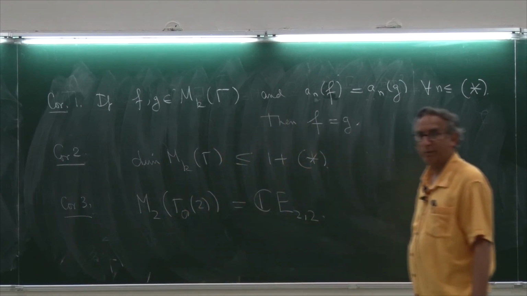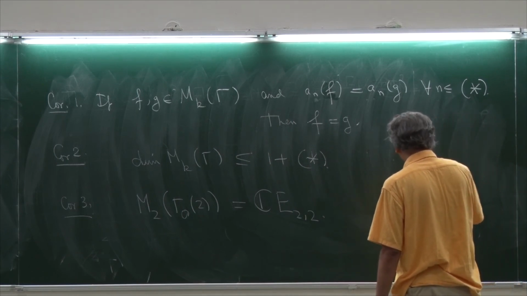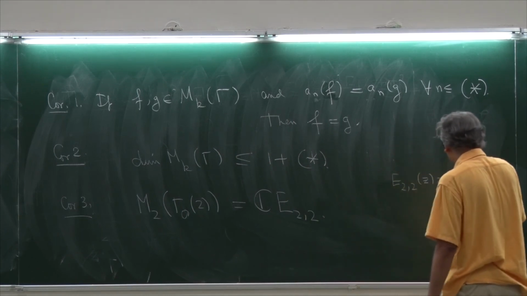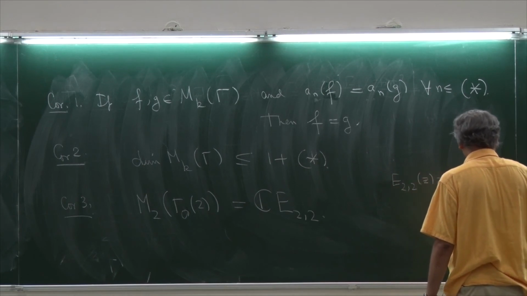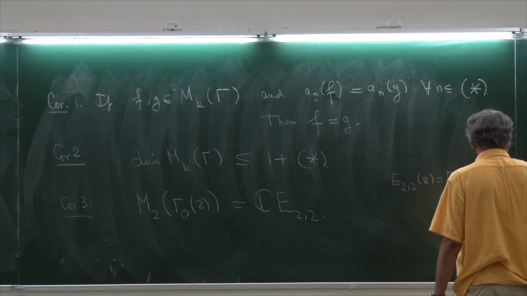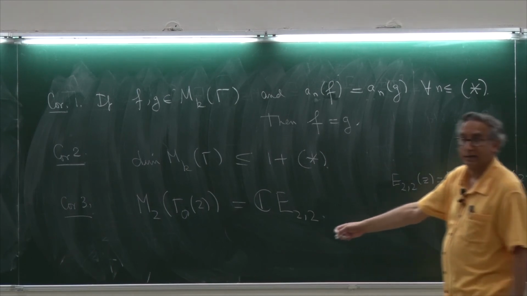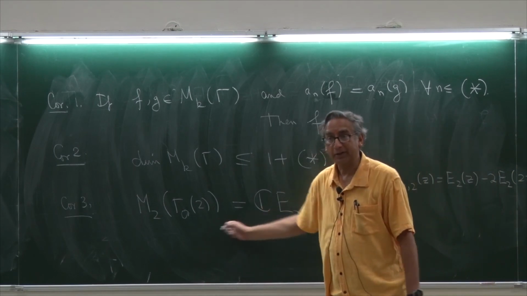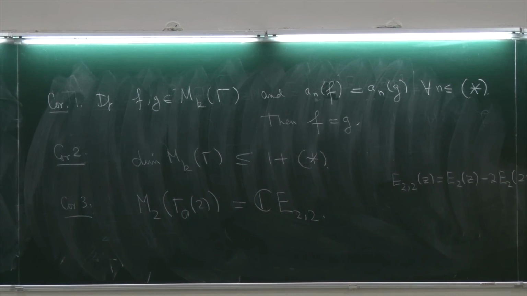E22. So remember what E22 was. E22 of z is equal to E2 of z minus 2 times E2 of 2z. So this guy generates the space of modular forms of weight 2. So this is like your fundamental thing.